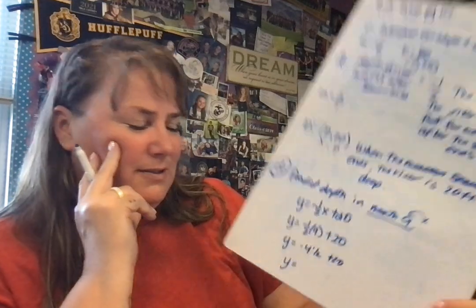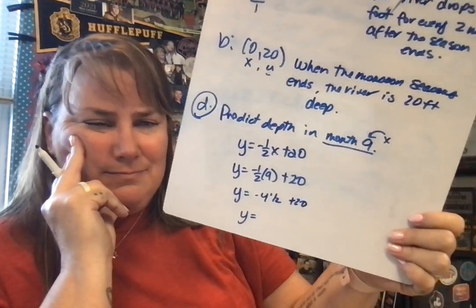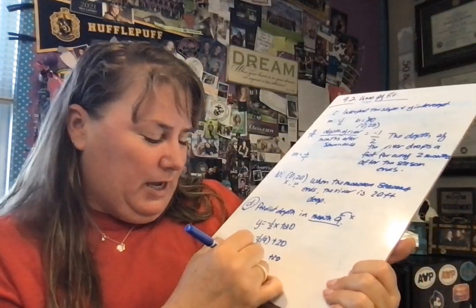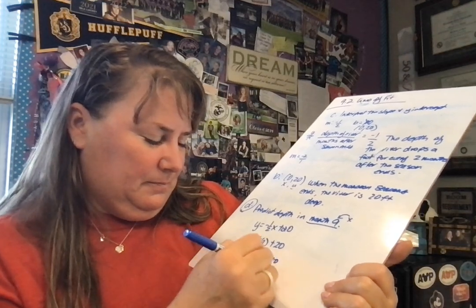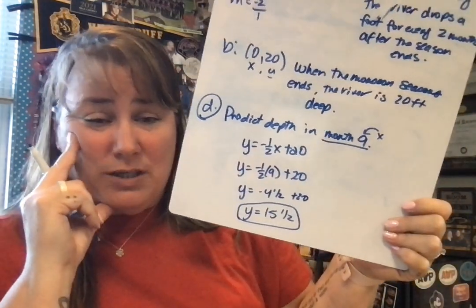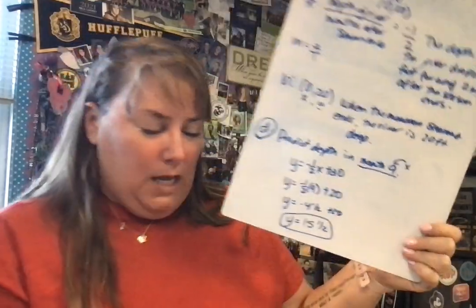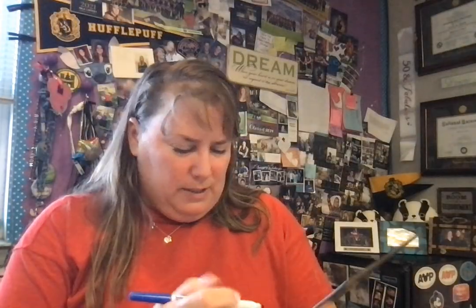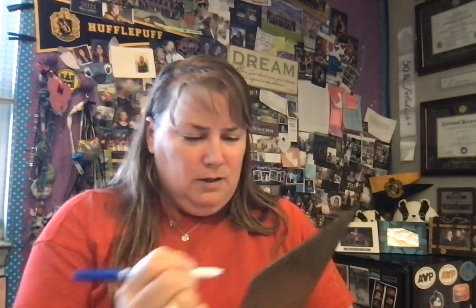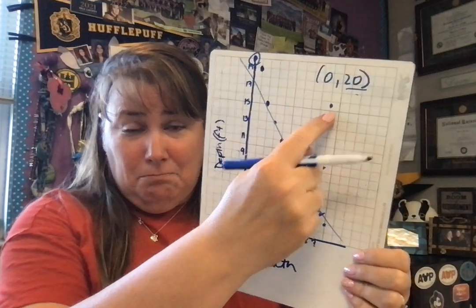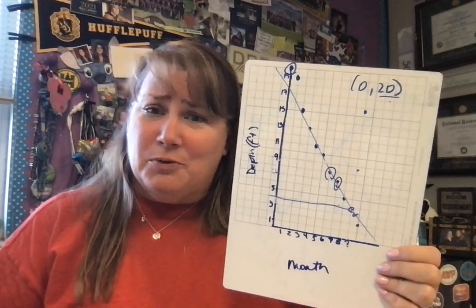Y equals 15 1/2. That is using my equation. That's why we started with the board. Month 9, 15 1/2. Good Lord, that's not a good prediction.